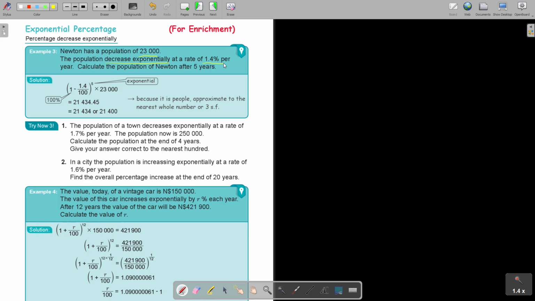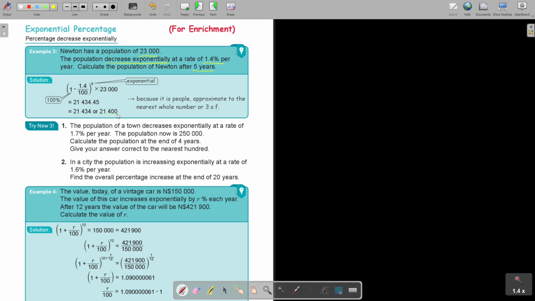So you're just going to take 1 because that represents 100%, and you're going to subtract 1.4 over 100, remember percentage is out of 100, and that's the year. To how many years? To 5 years. And then I just multiplied with the population. And then they said, don't calculate after 5, and I'm just going to approximate, because it's people, to the nearest unit. So I can either do the nearest unit or 3 significant figures.